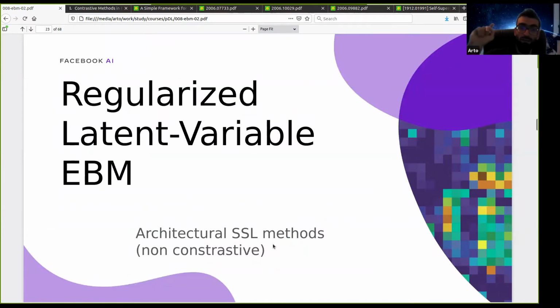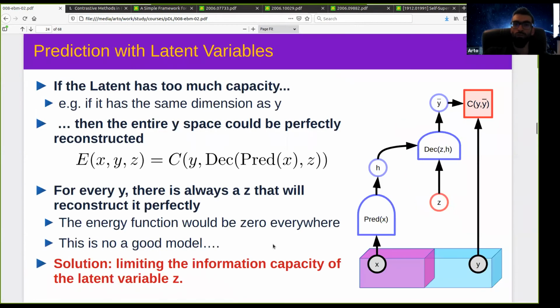And the next topic is regularized latent variable energy-based models. This is a topic Jan LeCun is particularly interested in now, and he says that limiting the information capacity of latent variable z might be one of the most important goals for deep learning nowadays. And why is that?